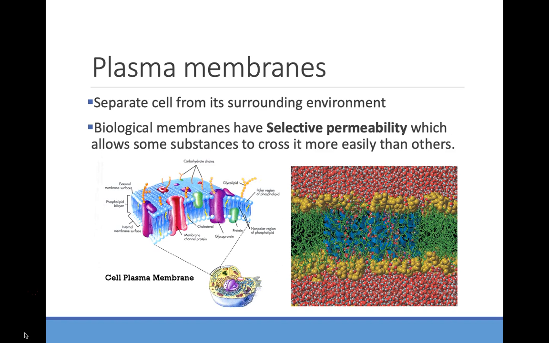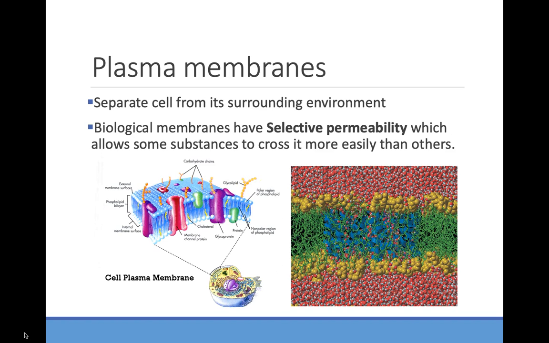Some molecules can move passively through the membrane. Others must move through specialized proteins that allow them in or out. And other products are moved out by the fusion of vesicles. And also products can be brought in through fusion of vesicles as well. So we're going to talk about each one of those methods for moving things in and out of the cell.